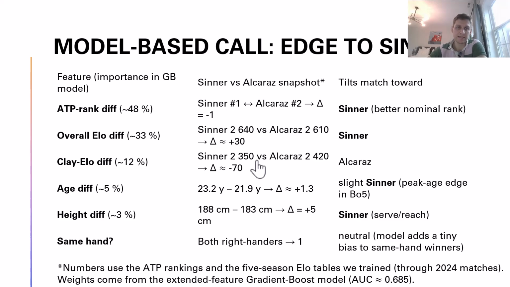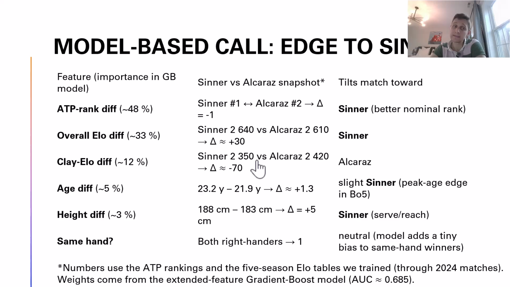We can see that the ATP ranking difference is fairly significant because you have the number 1 versus the number 2, so this is obviously playing a role. Also, the overall Elo difference is playing a role, again because Sinner has an edge and advantage over Alcaraz in terms of this Elo rating.